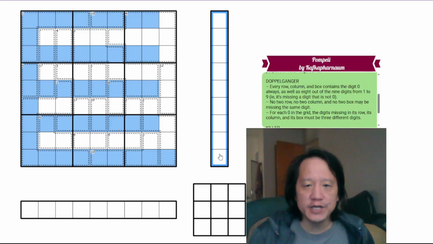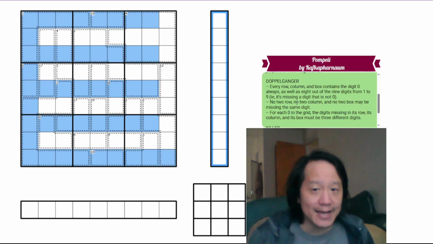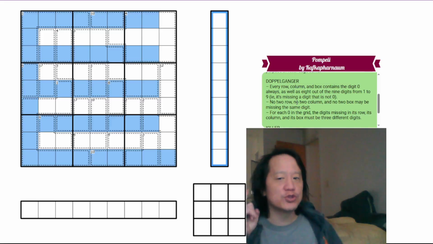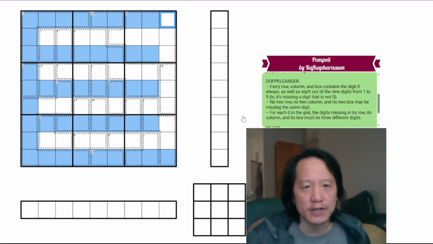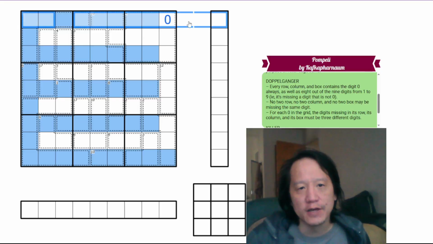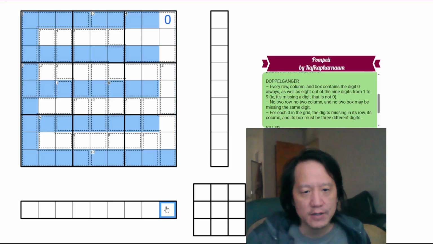And for each 0 in the grid, the digit missing in its row, its column, and its box must be 3 different digits. So say we had a 0 here. The digit missing in row 1 would have to be different from the digit missing in column 9, which would be different from the digit missing in box 3.